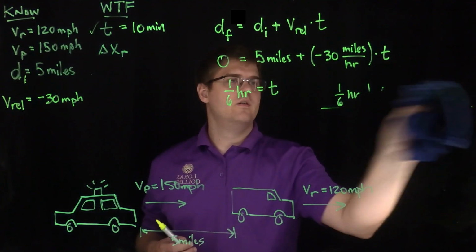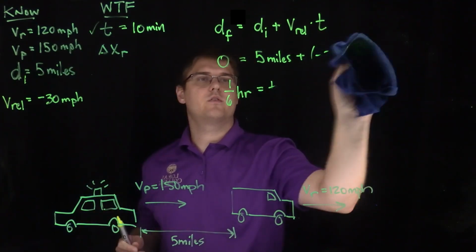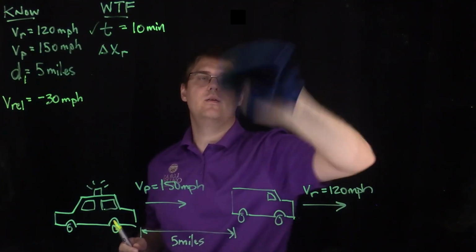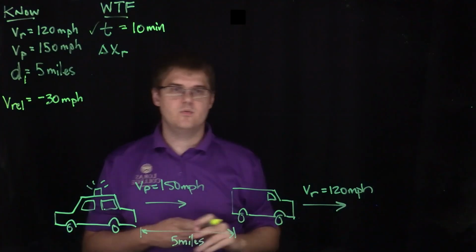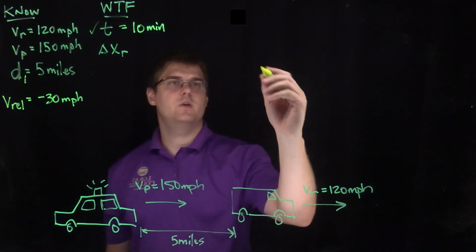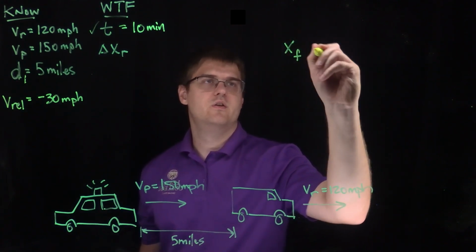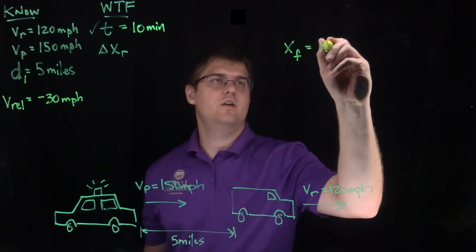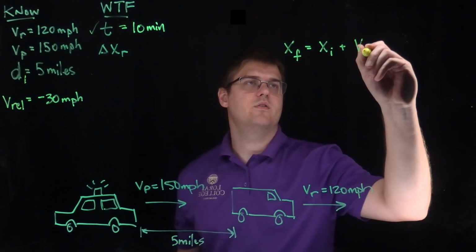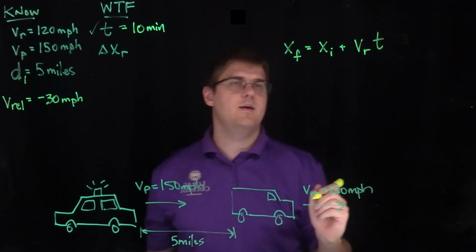Okay. Then the other question that we have is my X of the robber. How far is my robber going to make it in those 10 minutes? So that one, we just go back to our normal form. We have our final position is equal to our initial position plus velocity of the robber, because the robber is what's moving, times my time.